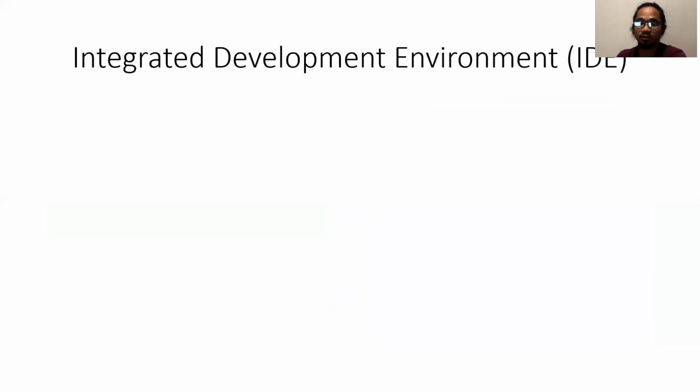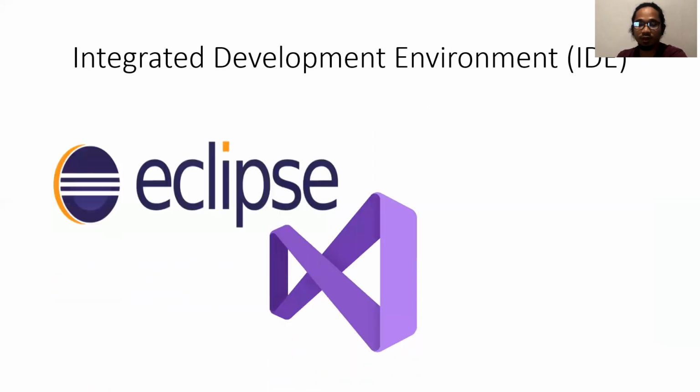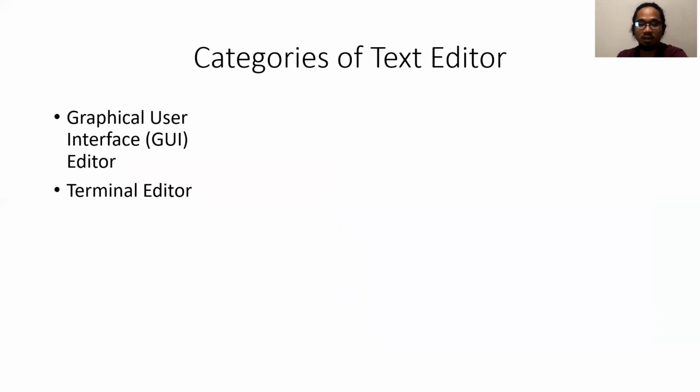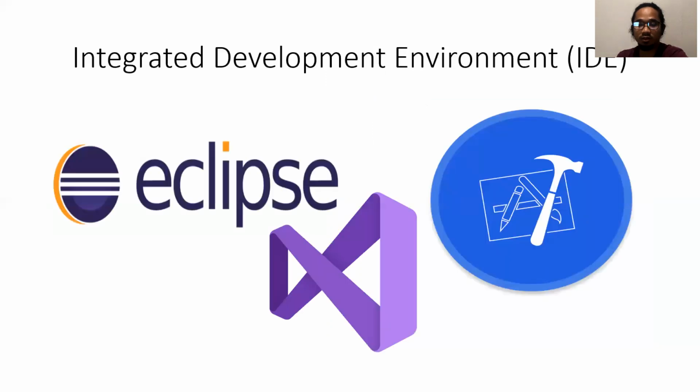At the other end, we have the IDE, or integrated development environment, or high-end text editor, like Eclipse, Visual Studio, and Xcode. An IDE is software for building applications that combines common developer tools into a single graphical user interface or terminal editor.